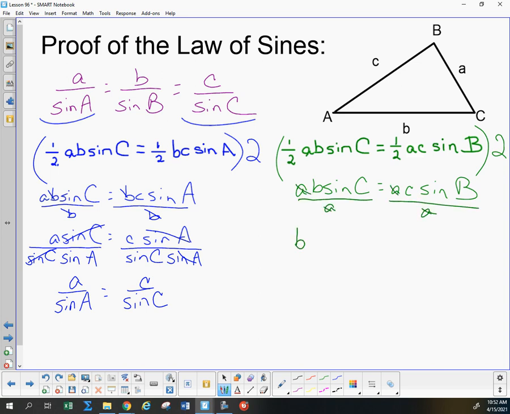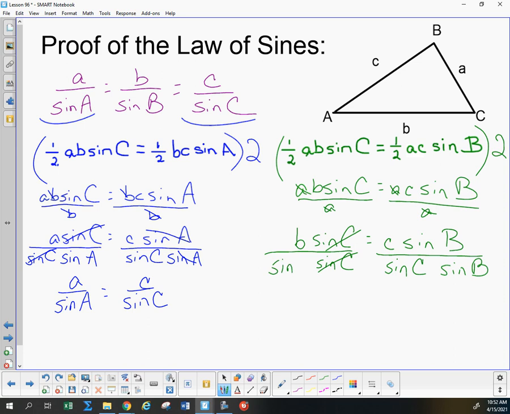So I have B sine C equals C sine B. And I don't want those sine of angles in the numerator, so I'm going to divide both sides by the sine of C so I can get rid of it on the left. And if I also divide both sides by the sine of B, I get rid of sine B on the right.